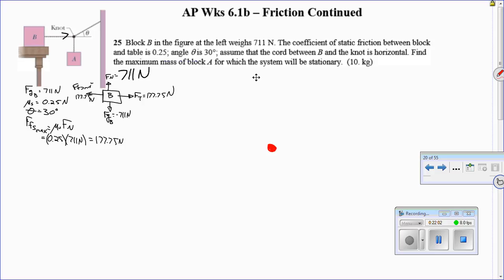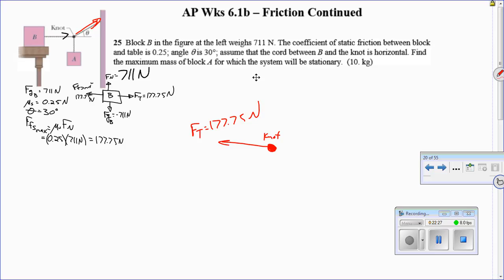Here's what I know. The tension pulling this way on the knot is 177.75 newtons. Now, there's this rope pulling up that way. We need to give this a name.